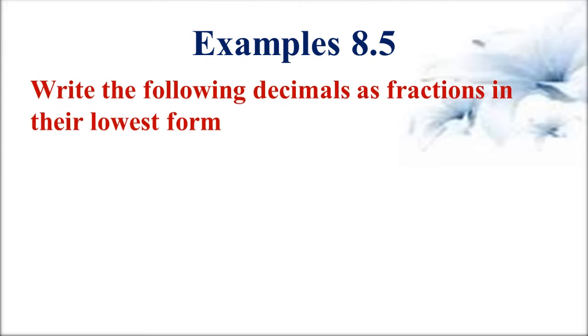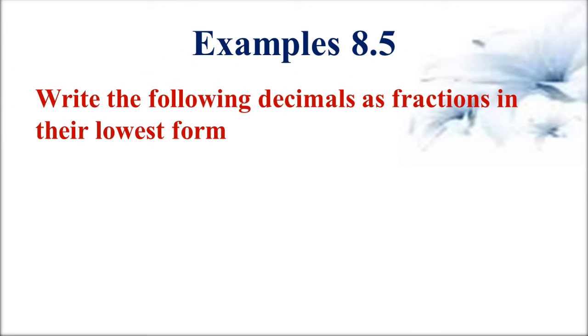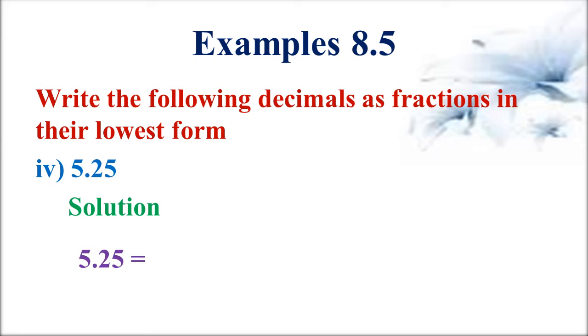Example 8.5. Write the following decimals as fractions in their lowest form. Fourth sum, 5.25. Now we want to find the answer. We can write 5.25 with whole number 5 and 25 as the decimal portion, isn't it? Now we want to write it as a fraction.